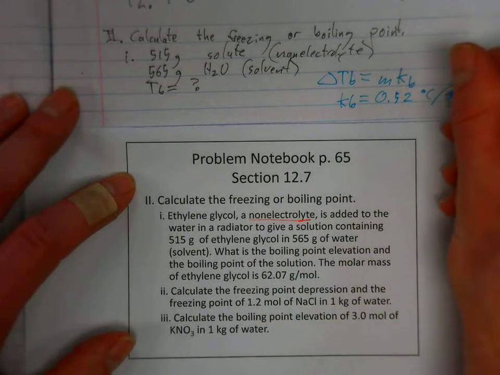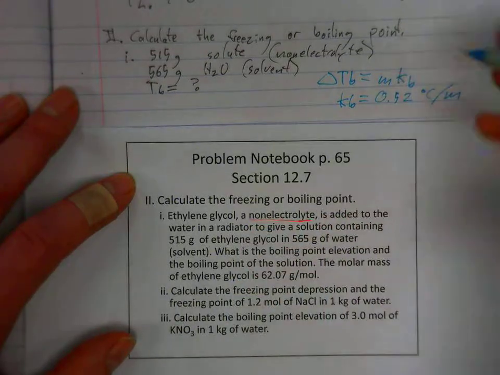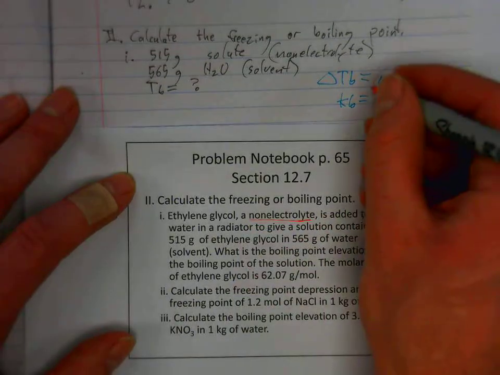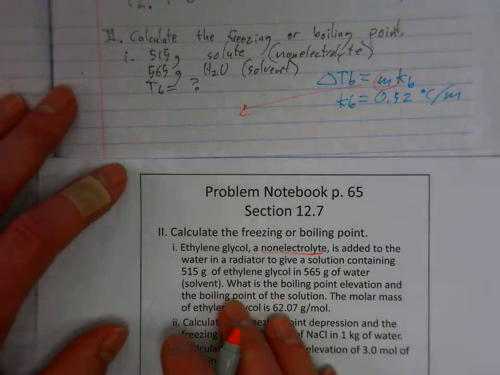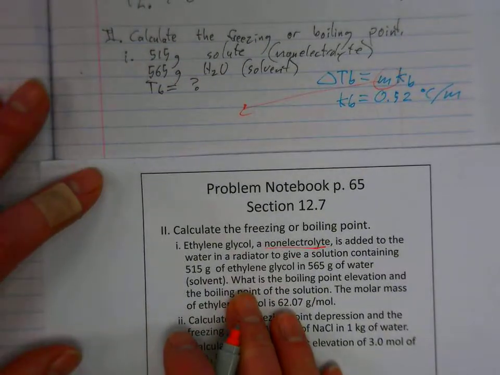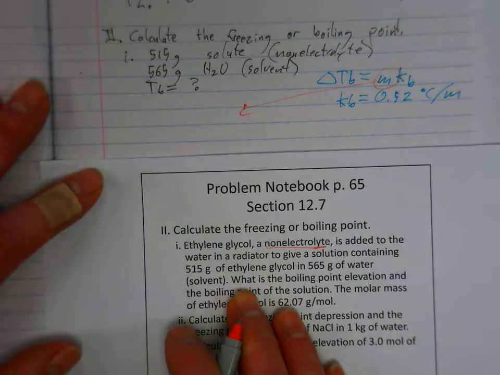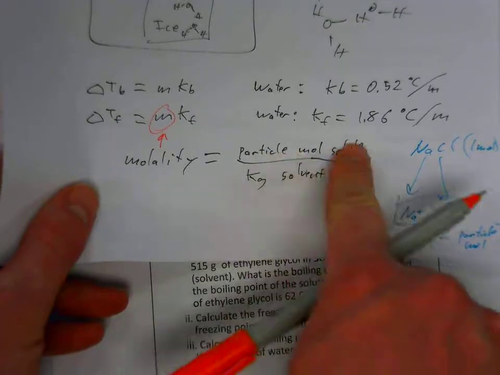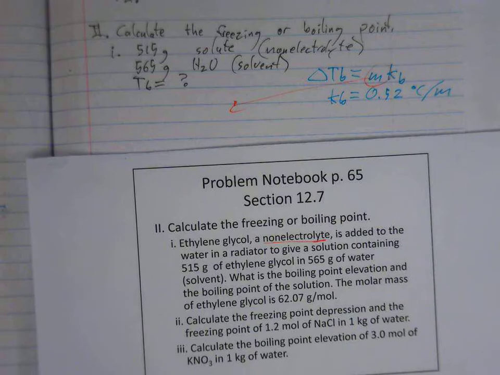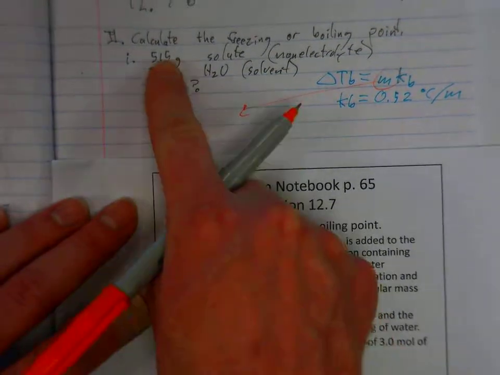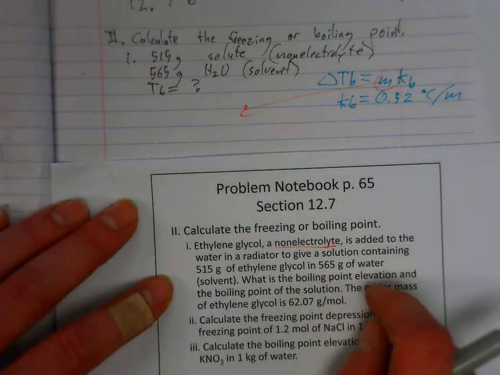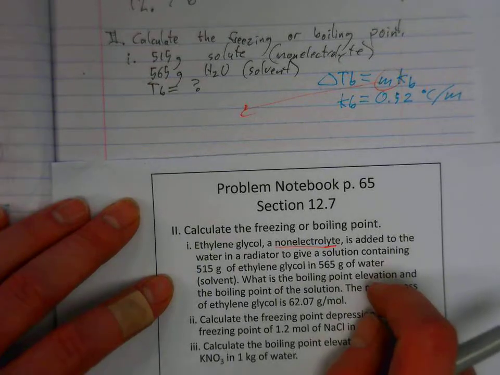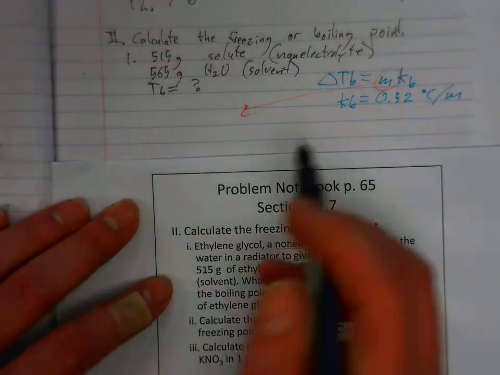The first step is to figure out the number of particle moles, since that's what goes into the equation for molality. We need to think about the number of grams of solute and how that would dissociate into particle moles. Since it's a non-electrolyte, it does not dissociate, while electrolytes do.